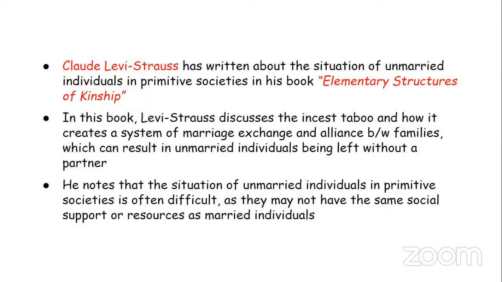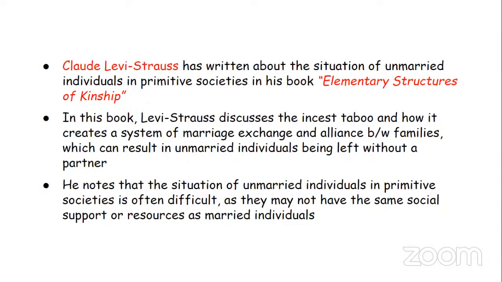So here he discusses the situation of unmarried individuals from the perspective of the incest taboo. We studied what the incest taboo is, so I'm not going to describe it again. We already know what it is. In this book, he discusses how the incest taboo results in unmarried individuals being left without a partner.